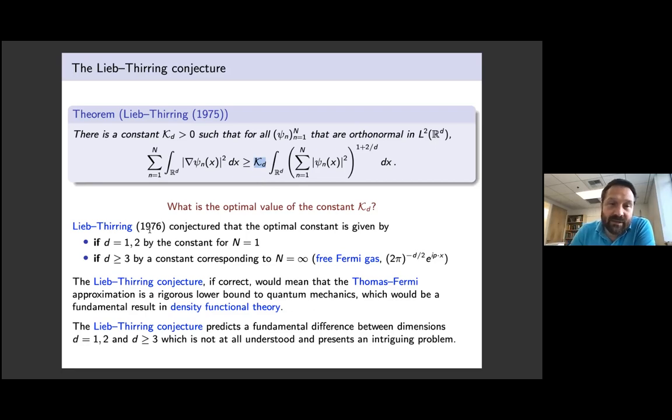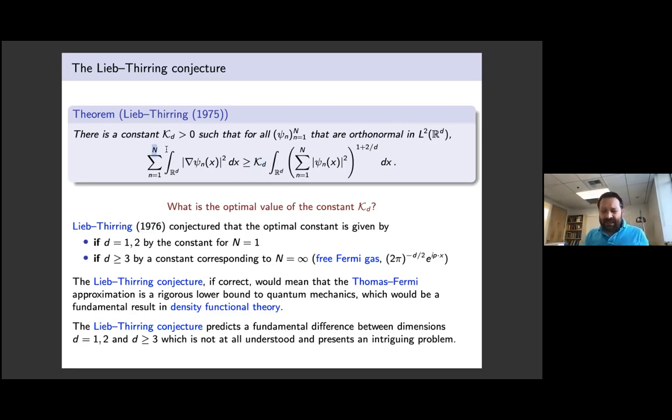And in 1976, Lieb and Thirring made a conjecture, which is still open, and which says that there's a dichotomy when it comes to the dimension of this constant. So in dimensions 1 and 2, the conjecture is that this constant is given by the very same constant that you have when you take n equal to 1, when you have only a single function.